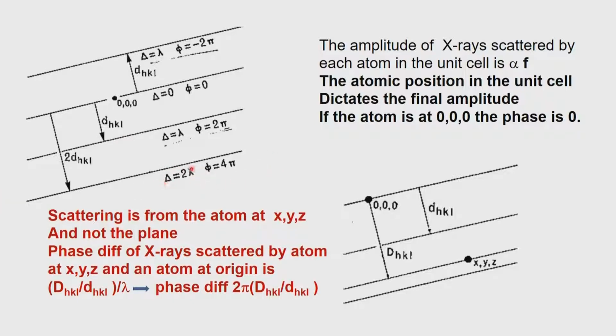There the delta is 2 lambda, phi is 4 pi. So these numbers have to be integers. We can of course go in the negative direction as well. We can go up from the 0 0 0 plane, and we get a phase difference which is minus 2 pi. Again, the value of delta is lambda, it is moved by d of HKL, but since it is in the opposite direction, the phase change will be minus 2 pi.